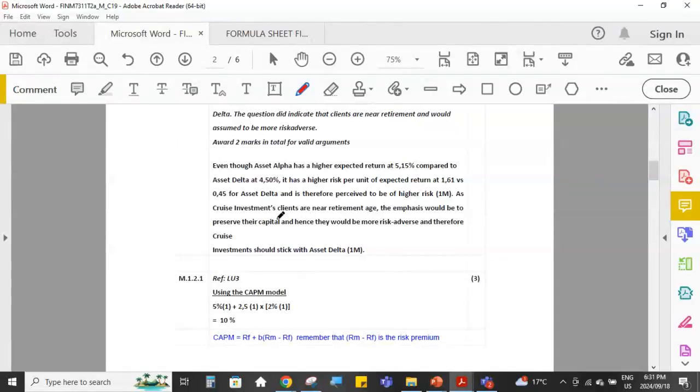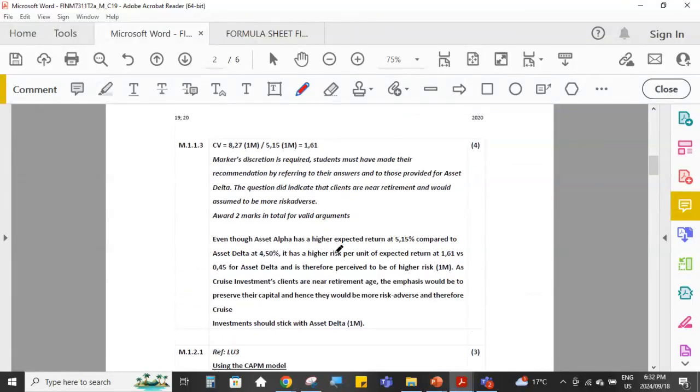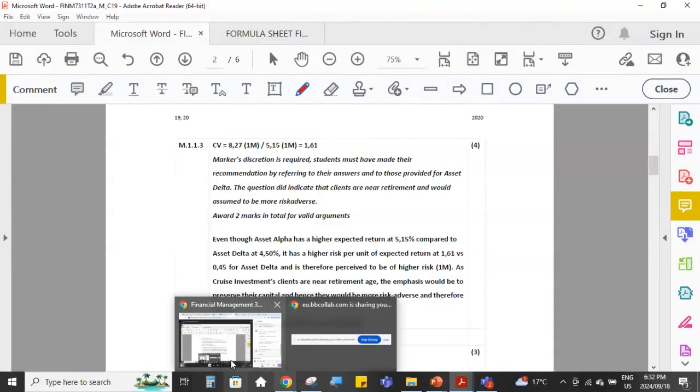So their emphasis is on preserving their capital, and they would be more risk averse, and therefore Cruise Investments should advise them to stick with asset delta and not to swap to asset alpha. Okay, does that make sense to you? You understand the reasoning behind our decision there.